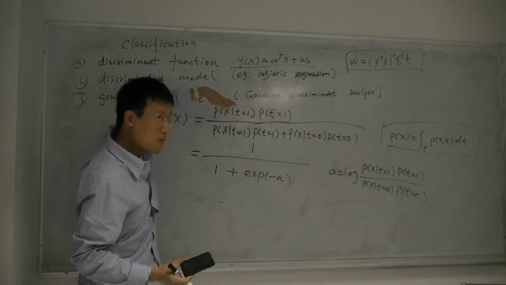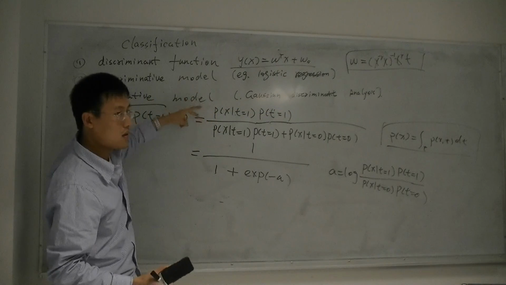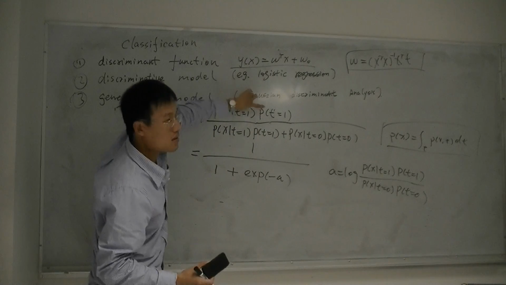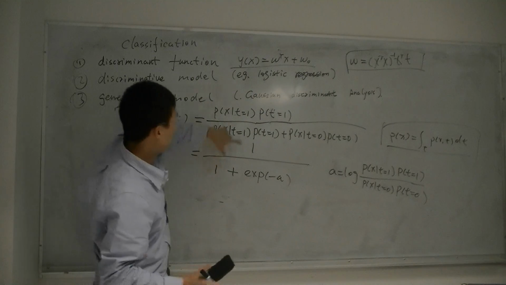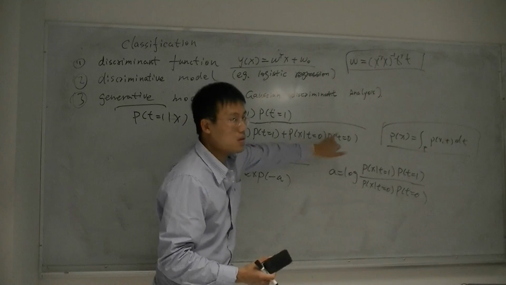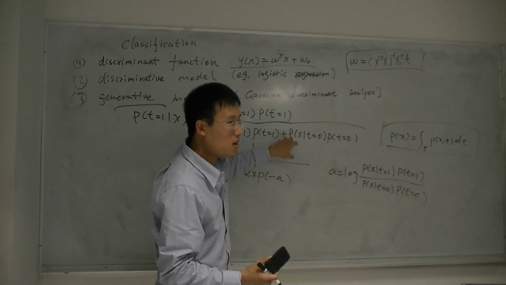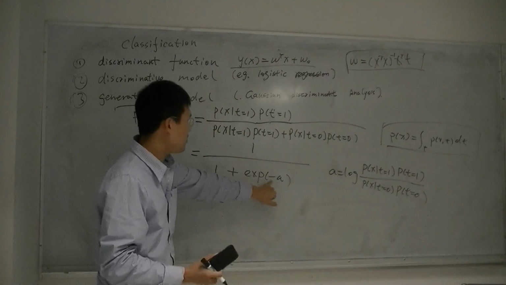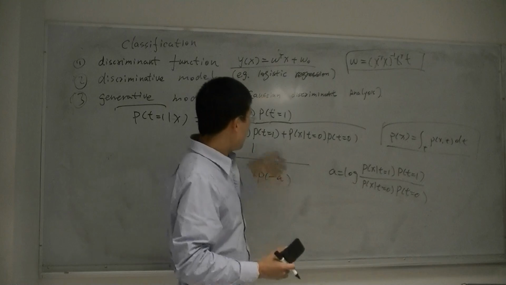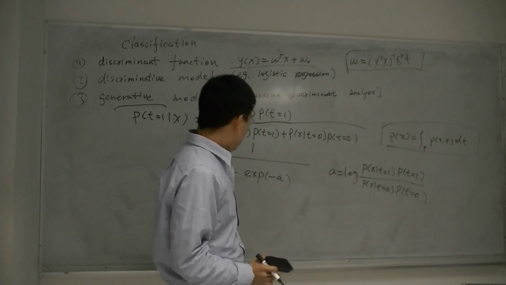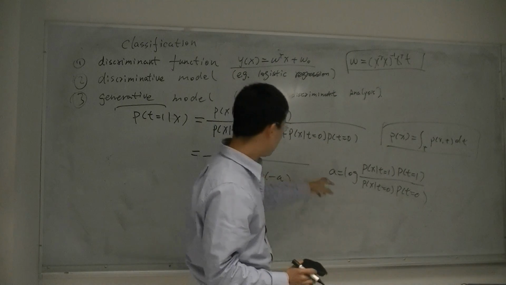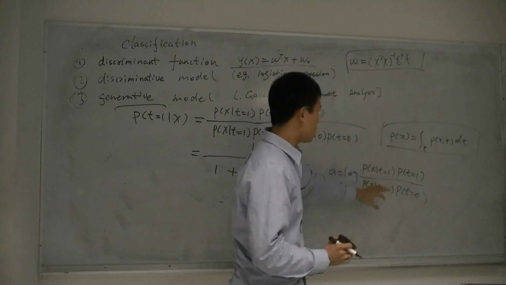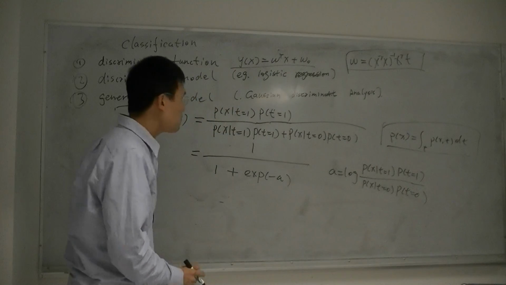We divide the numerator on both sides, so this is equal to 1, and this term divided by this term is also equal to 1. Then we take the exponential and the minus sign, so we flip the fraction and take the logarithm.